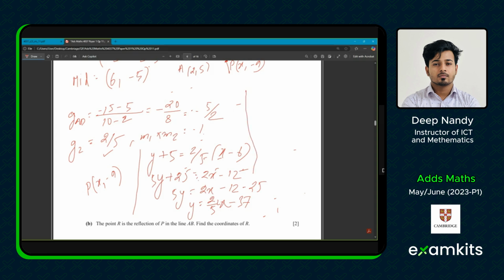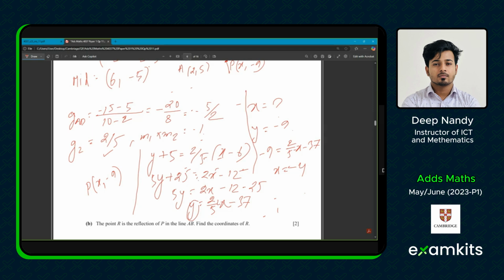Now, as we know, the value of the x coordinate needs to be found as y equals negative 9. So putting y equals negative 9, minus 9 equals 2 by 5 x minus 37. If we solve, we are going to get that x equals minus 4.